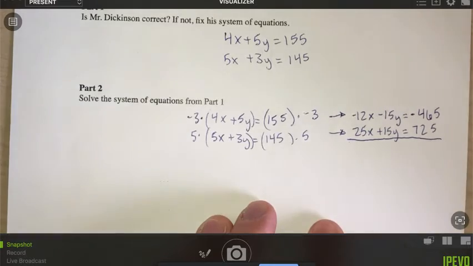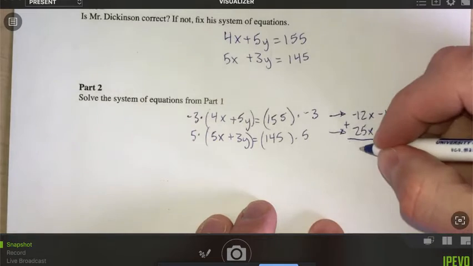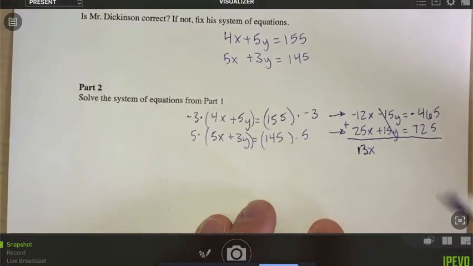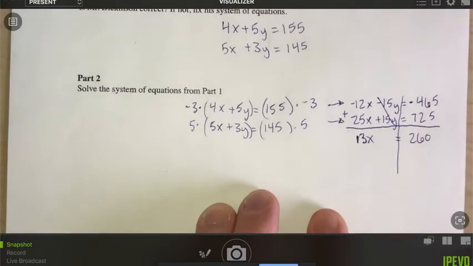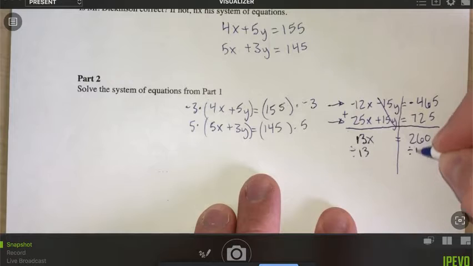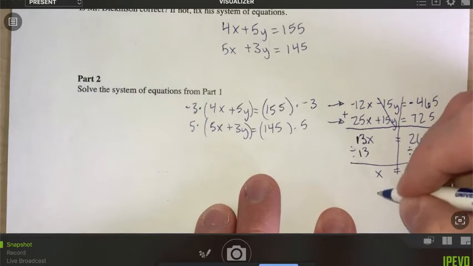All right, now I can add my equations together, and if you notice, -12x plus 25x is going to be 13x. But here, -15y plus 15y is going to be 0y, and so these have effectively eliminated. And now I have equals 260. All right, and now that means I'm one step away from finding x, which in this case will be 20.